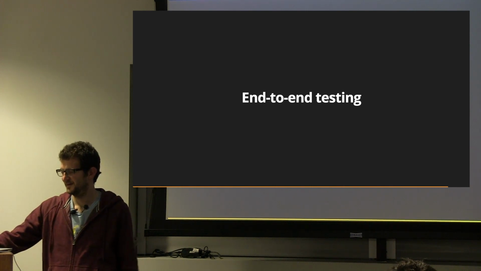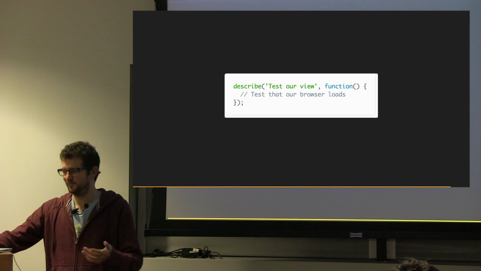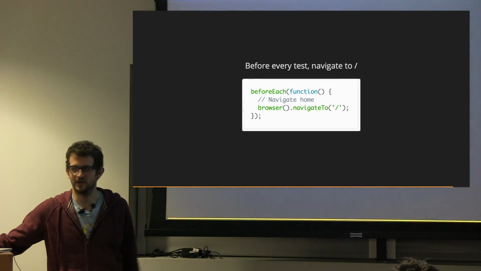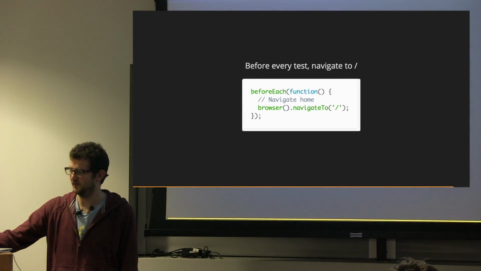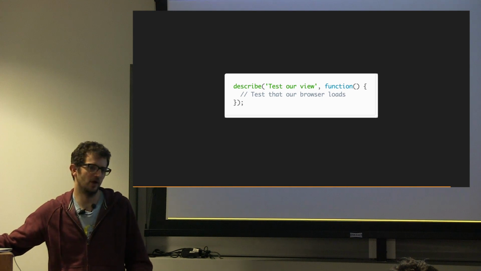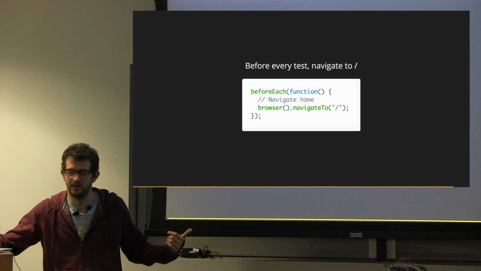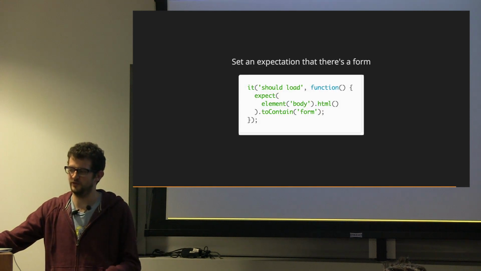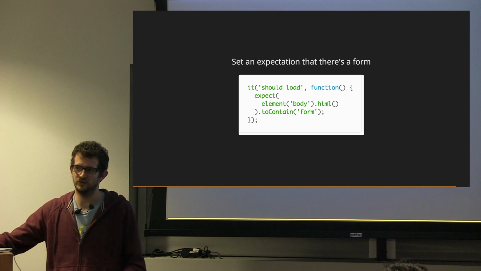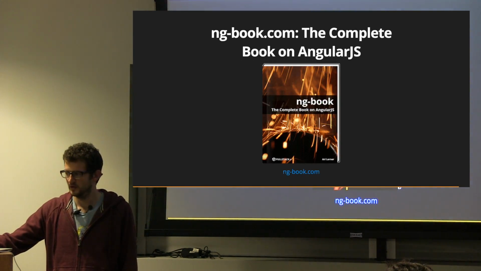If you haven't written in Jasmine, Jasmine's really nice. You get these nice describe blocks that give you context where you're setting up your tests. And then this is end-to-end testing where you can navigate and click on things and set up expectations that your view looks like the way that it should.